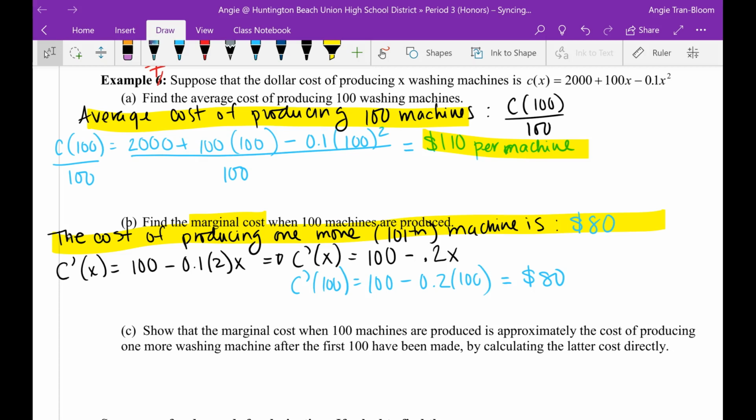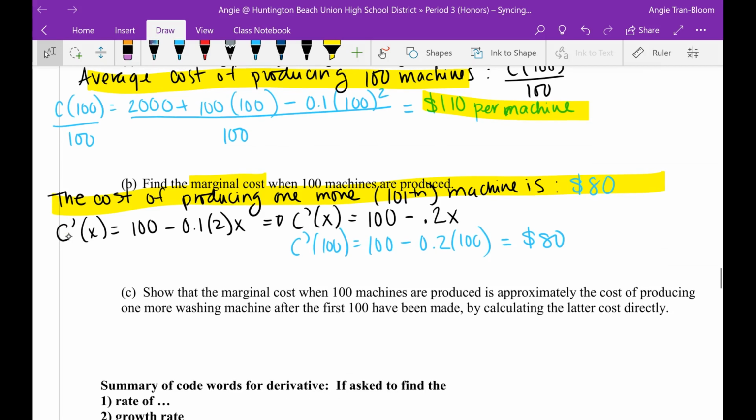What this means is we're trying to prove part B by doing some algebra. It says show, meaning I'm trying to prove why the marginal cost, which is producing the 101st machine, is only $80 by doing some algebra work.